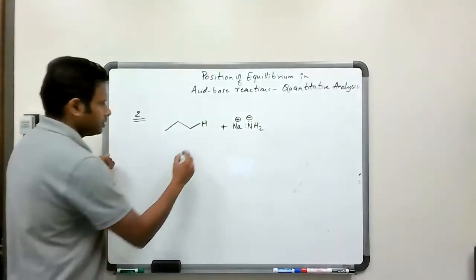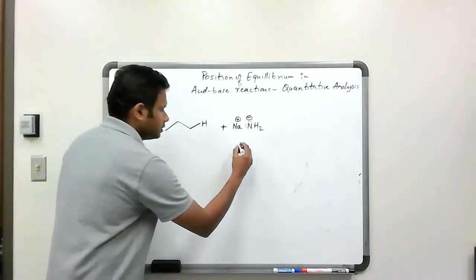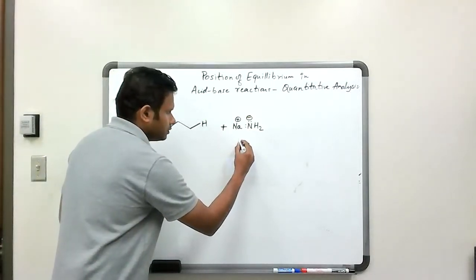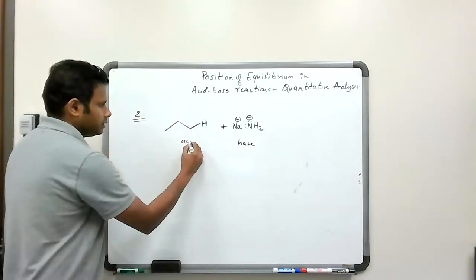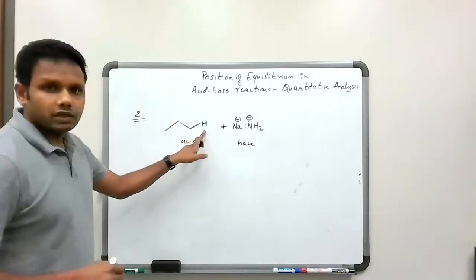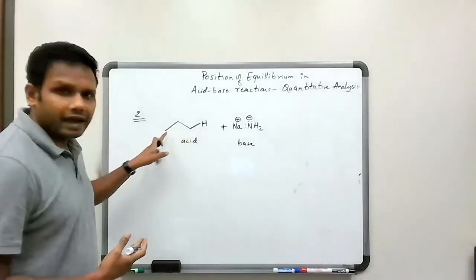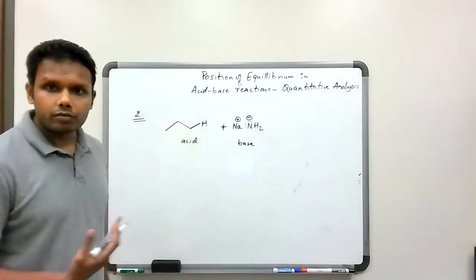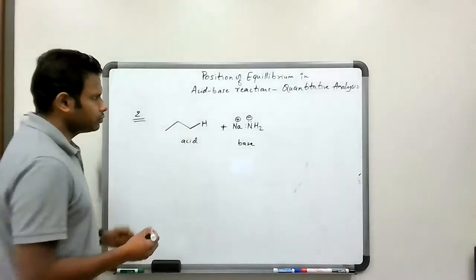So again, because this has the negative charge, I think we're going to default to calling it the base, then this must be the acid. And since I have drawn out a hydrogen, now this is just an alkane. This has several carbon-hydrogen bonds. We're going for one carbon-hydrogen bond. That is what we're doing here, okay?